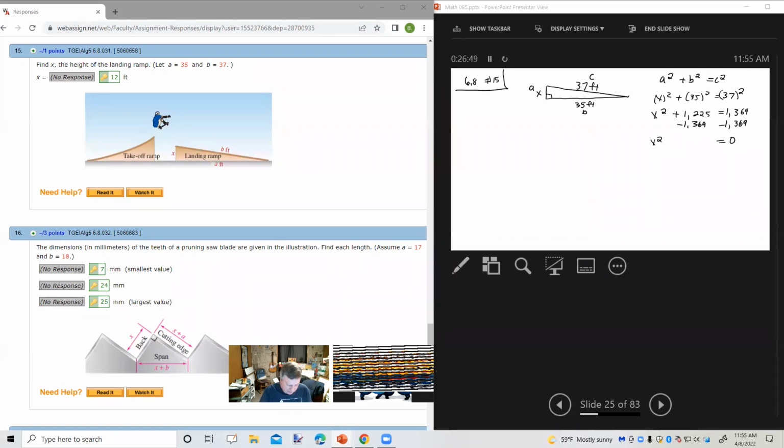If we take 1,225 minus 1,369, we get negative 144. X squared minus 144. 144 is 12 squared, so this would be x plus 12 times x minus 12 equals 0.